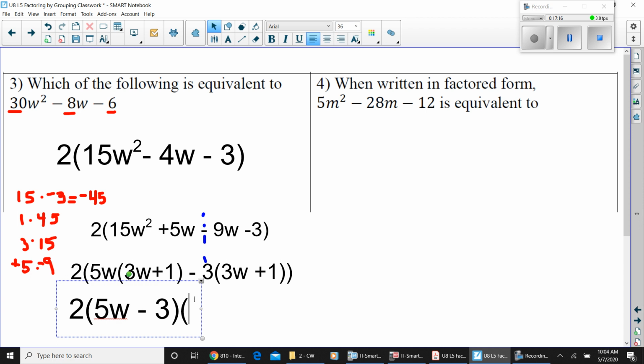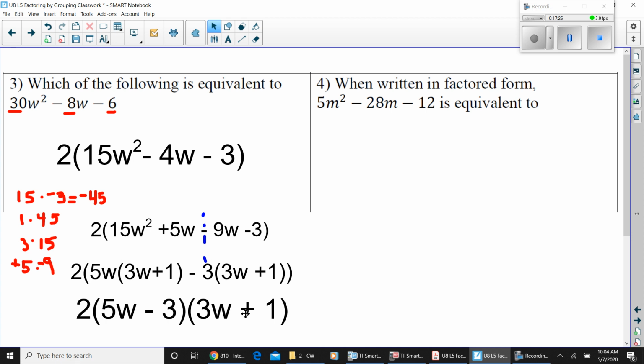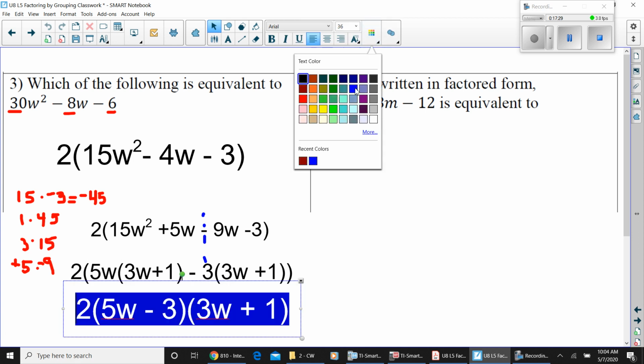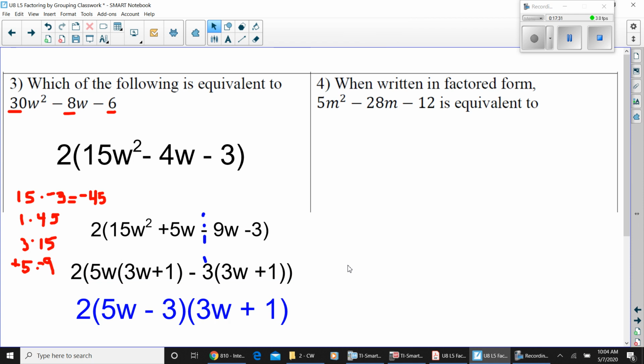And then you take the binomial inside the parentheses and make it a binomial, and you have your final answer right here. And that's your final answer right there.